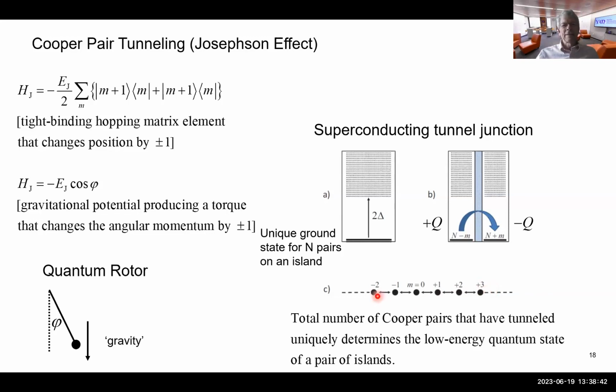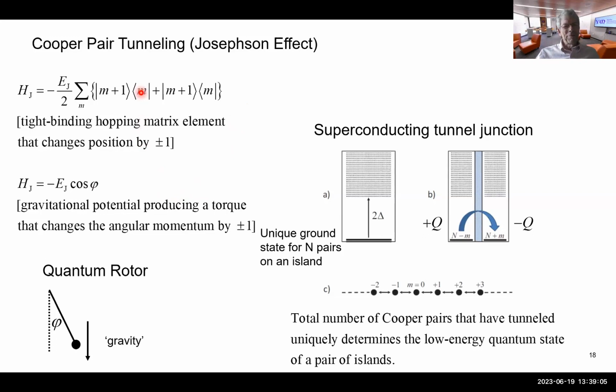So in the end, we have this nice Hamiltonian with a charging energy term and a Josephson tunneling term, cosine phi. If you were to expand the cosine for small phi, you would get phi squared.